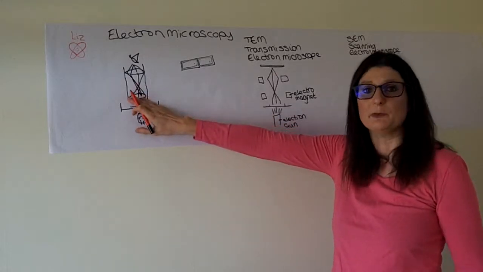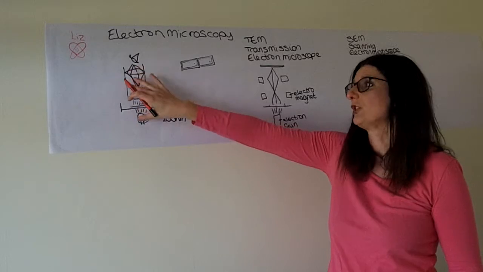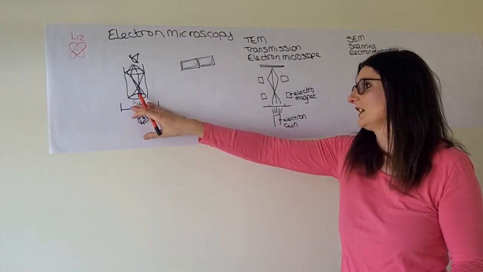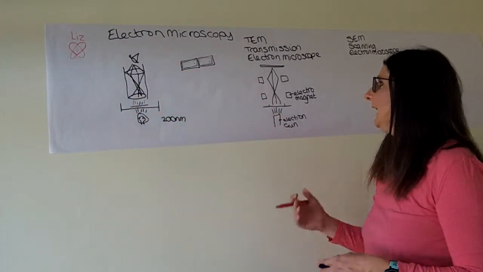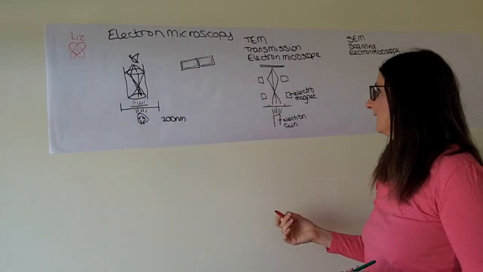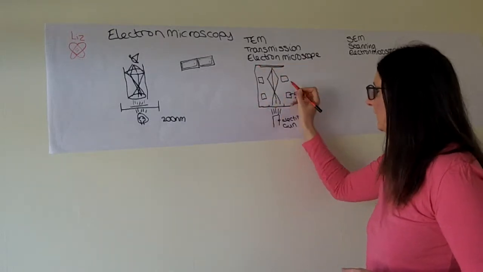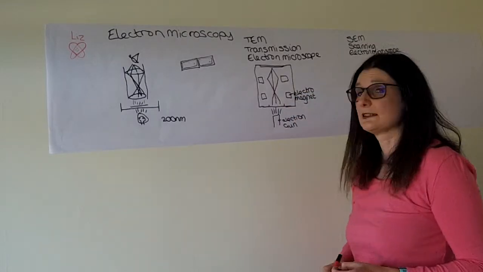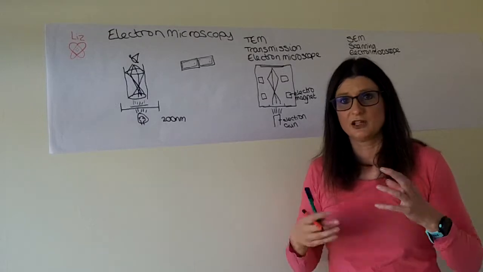In our optical microscope, everything was in a tube so that we didn't get interference from light coming in from outside of the system. And you also need to do that with an electron microscope. So this is in a chamber like this, and with electrons, they're all around us.